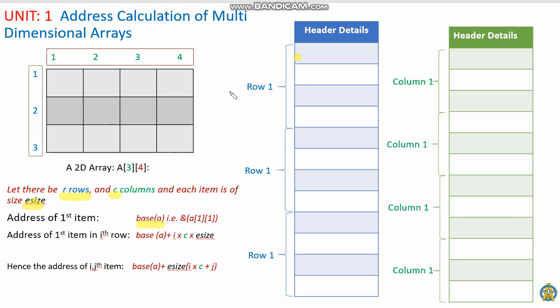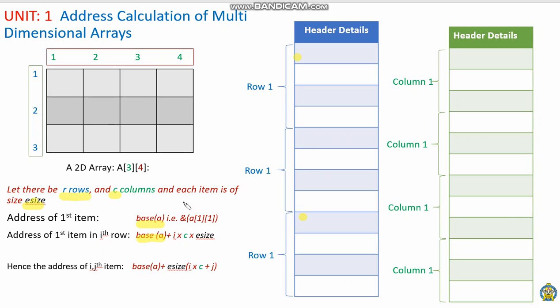Now, if I want to find the address of the ith row, I can be anywhere. If I use a numeric representation, this is the 0th row, this is the first row, and this is the second row. So what would be the address of the second row?